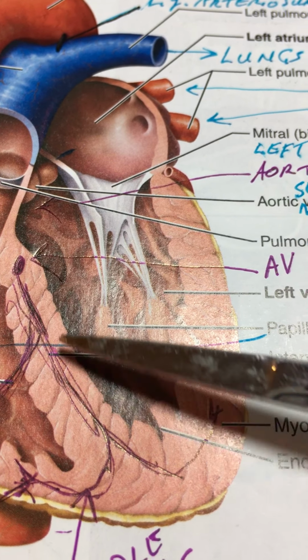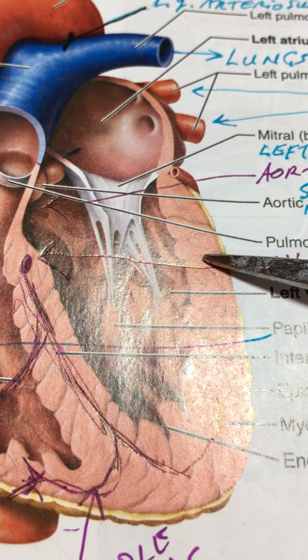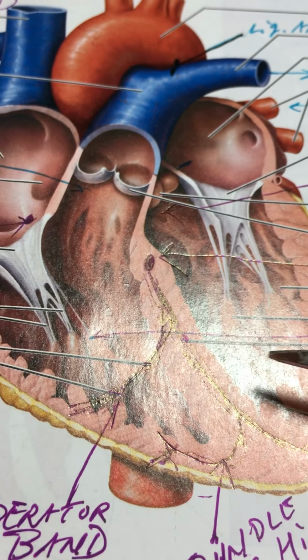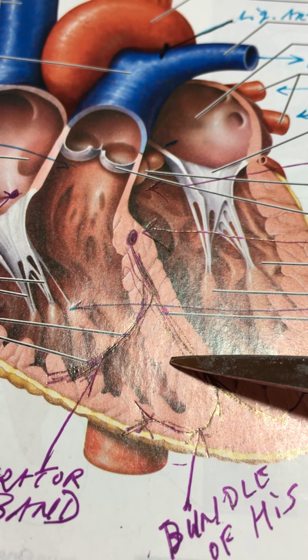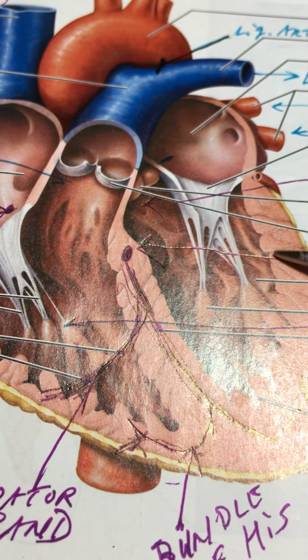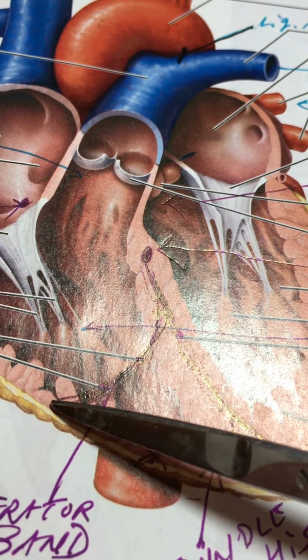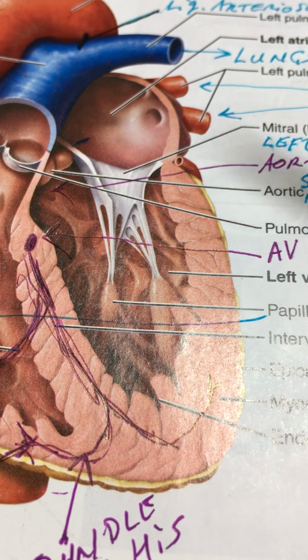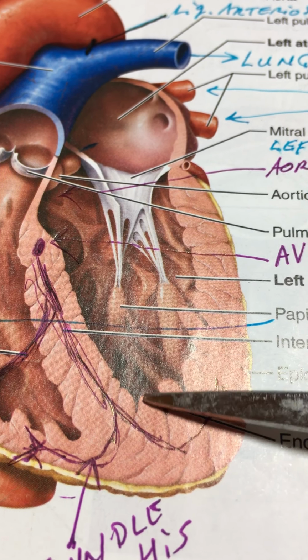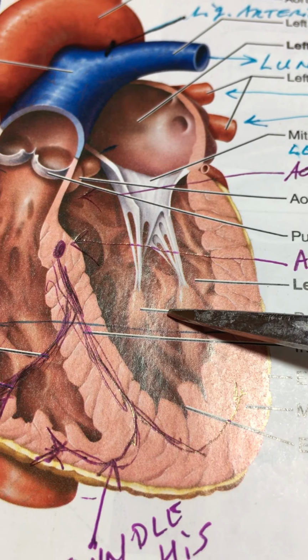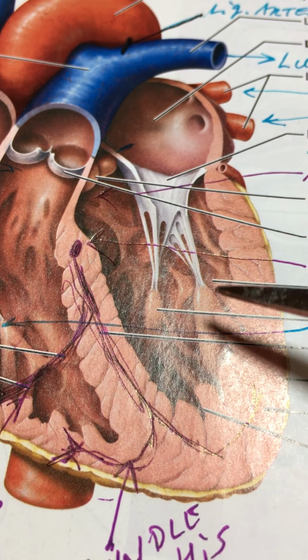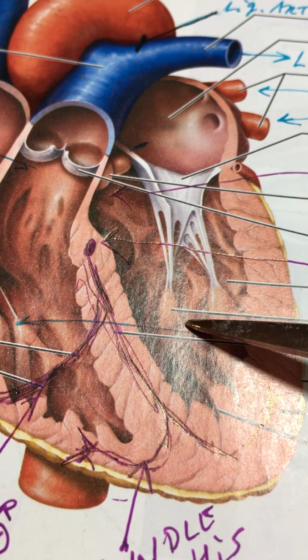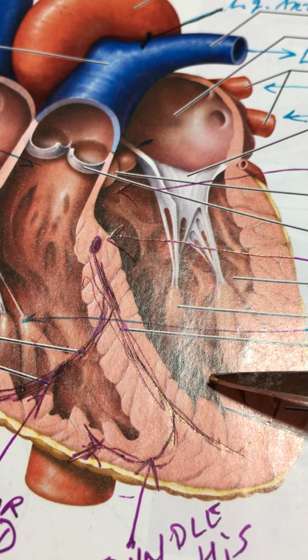This ventricle is extremely powerful, and it should be. The artist should have depicted it with much greater muscle wall than any other chamber of the heart, because this is going to pump blood all the way to the head, to the fingertips, to the toes, everywhere in the body. So the pressure is significant here compared to other chambers.